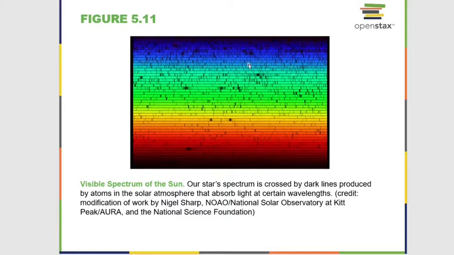And so we can tell all of the elements that are in the gas that's surrounding the sun and any gas that's between us and the sun. So this would include gas that's in our atmosphere or gas that's in space between us and the sun. And so you can get really detailed information by aiming your telescope at a star and then getting an absorption spectrum from that star.